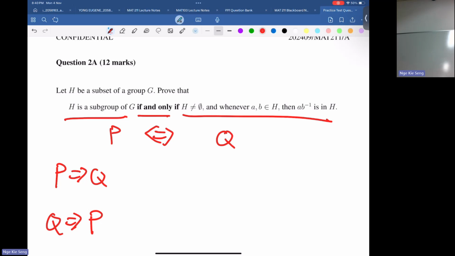If anything inside H, AB inverse is in there, how do you get the A first? How do you start with an A? Because H is non-empty, there is one thing inside there. I don't know whether that thing is the identity or not, but I can use A and A inverse. Does it make sense? The B is applied to A again.